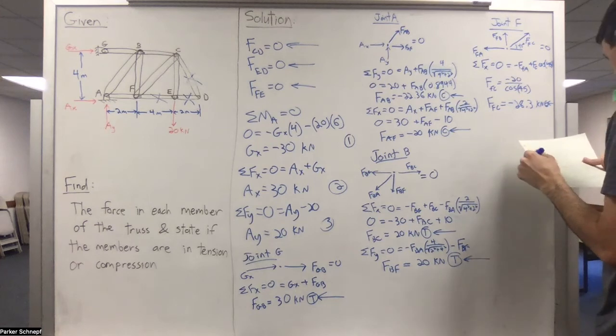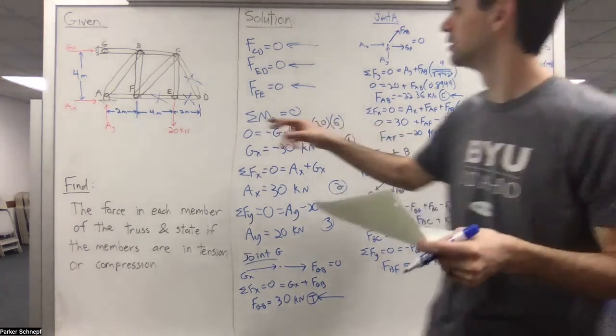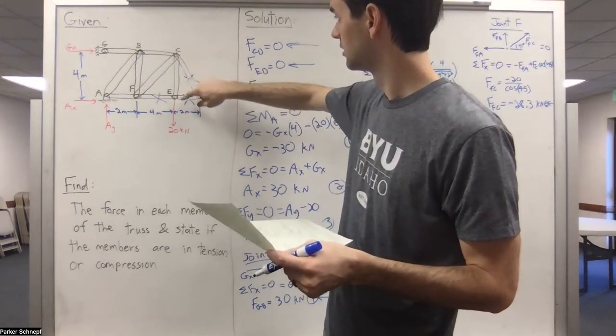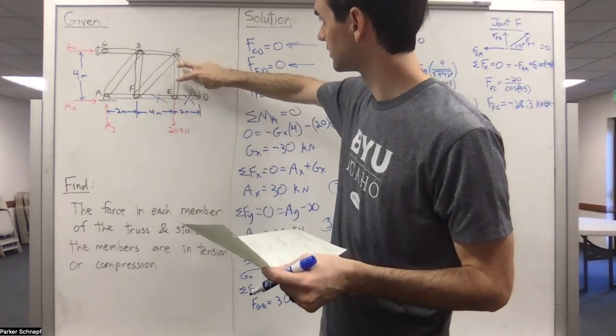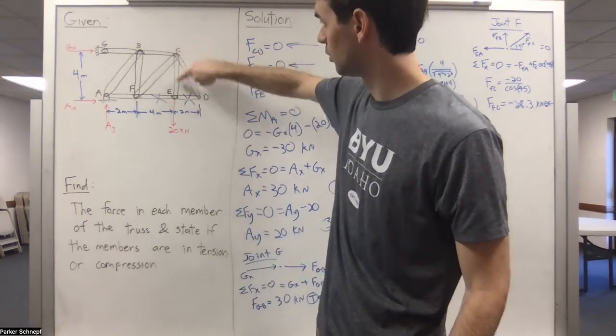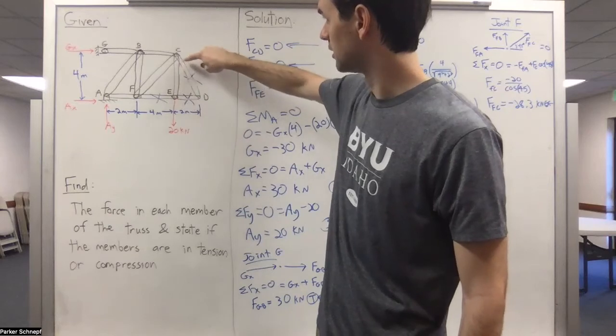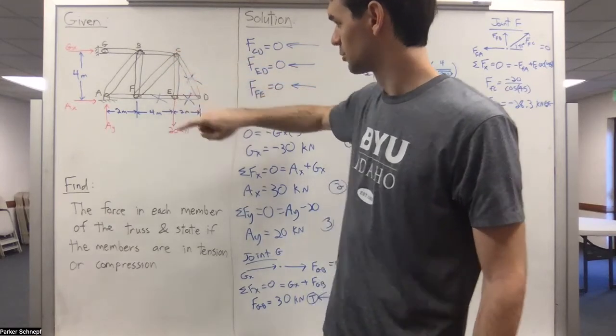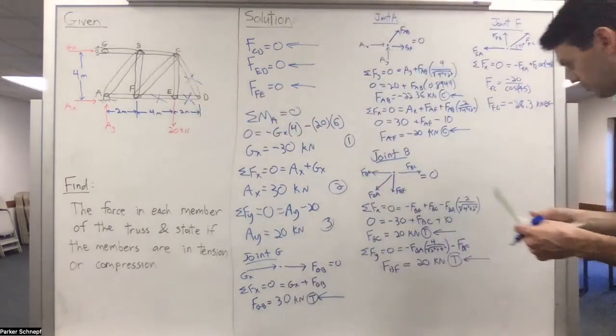All right, and now to the last. The only force we haven't solved now is EC. We could pick either joint C or joint E to solve it. Joint C has a bunch of stuff. Joint E, though, is pretty simple. So I'm going to pick joint E because it is simpler.